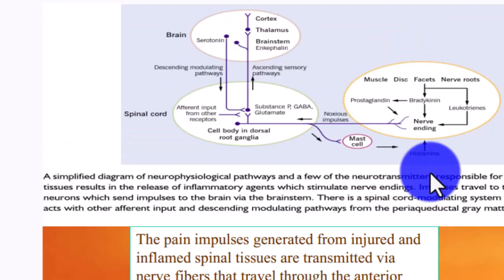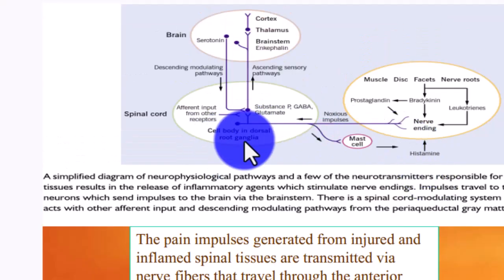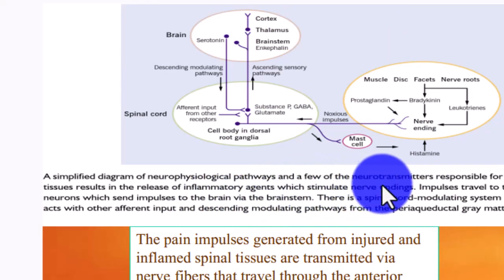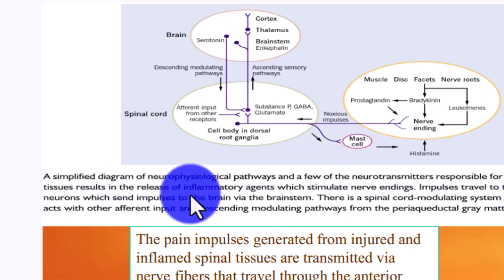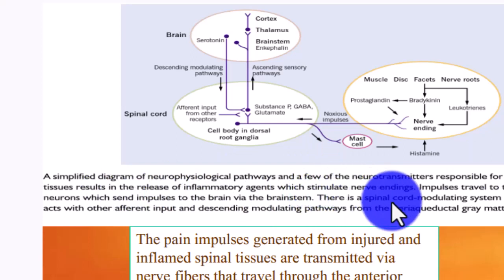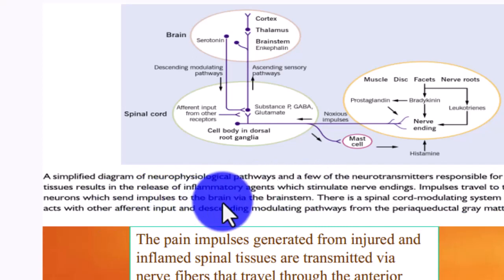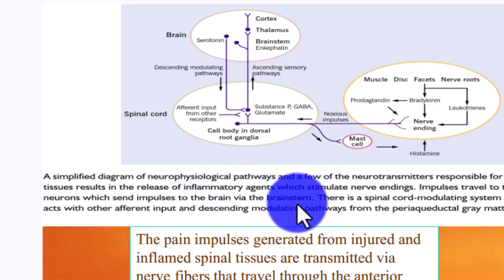Here we find the symbol for spinal pain. Injury to the spinal tissue results in the release of inflammatory agents, stimulating impulses that travel to the spinal cord and connect to the neuron, which sends impulses to the brain via the brain stem.